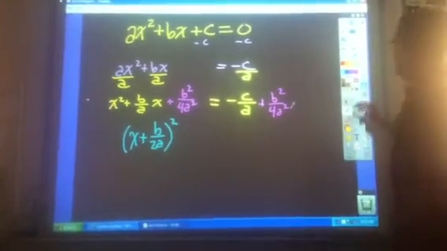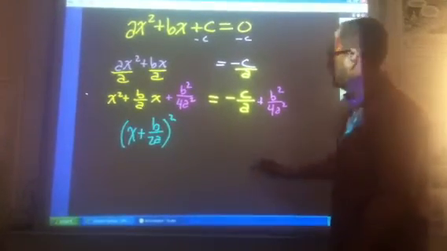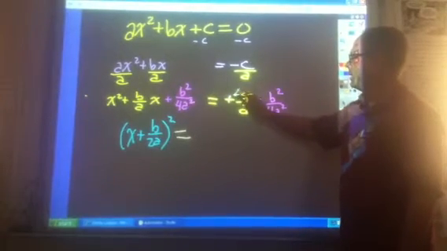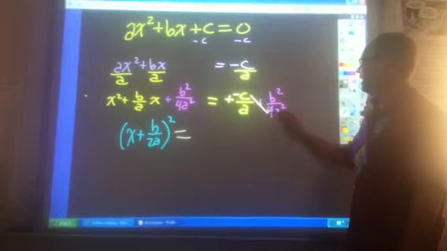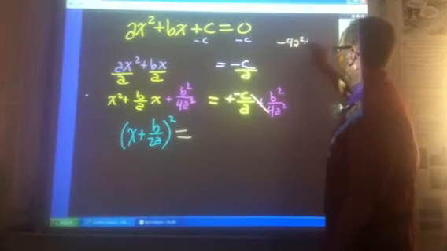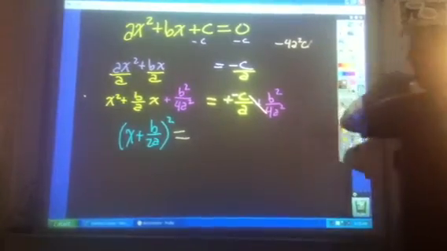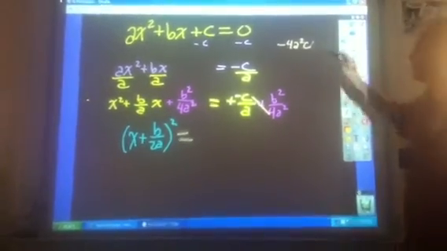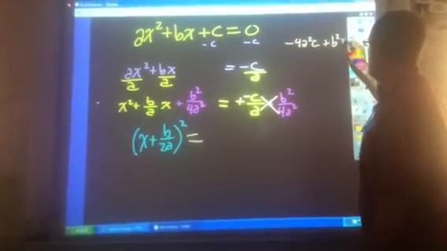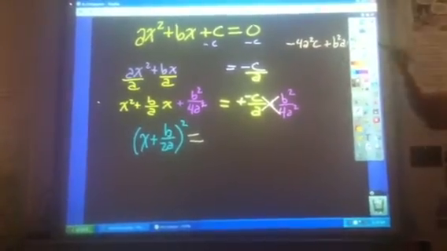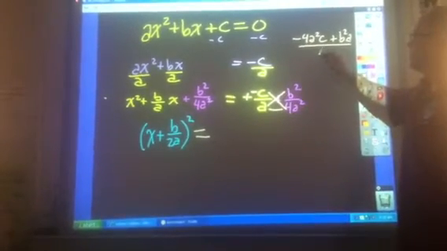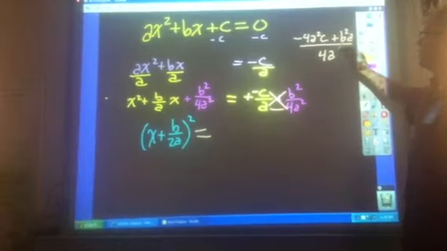Let's figure out what this is. I'm going to make that negative, so negative that times that, I get negative 4 times a squared c, plus b squared a, all over 4a to the third.